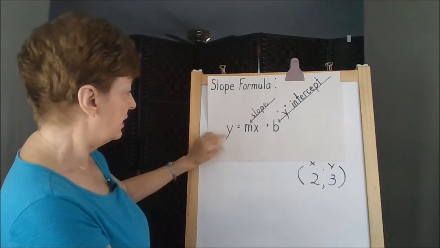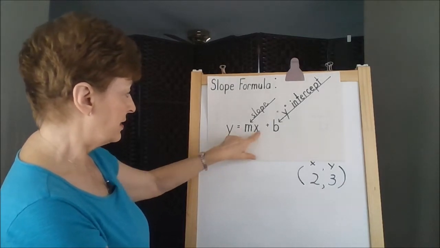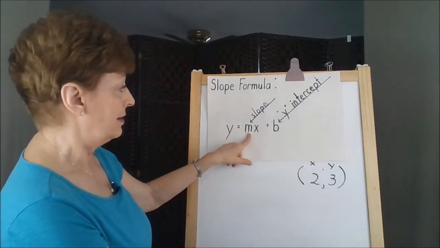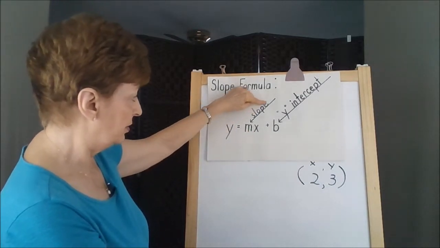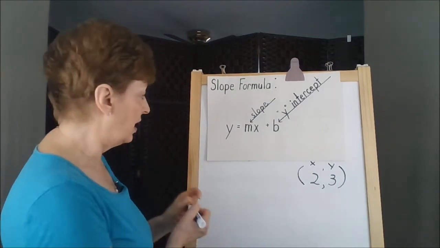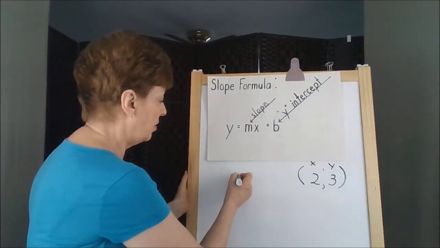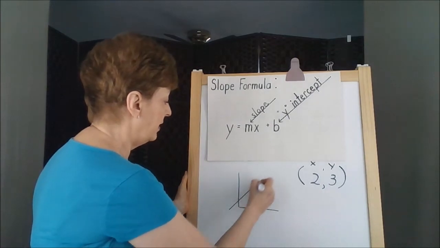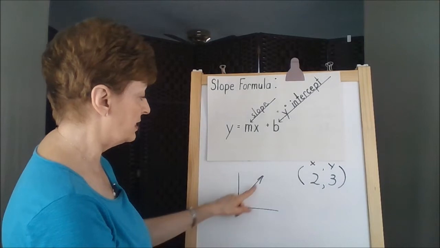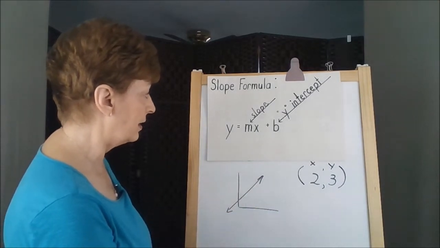In this case, we already know that your x and y come from an ordered pair. Your m stands for slope. That would be the slant of the line. So if your graph looked like this, perhaps, we could tell there's a number for the slope or the slant of that line.